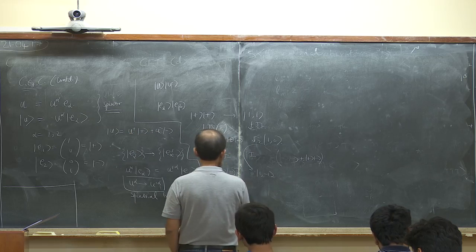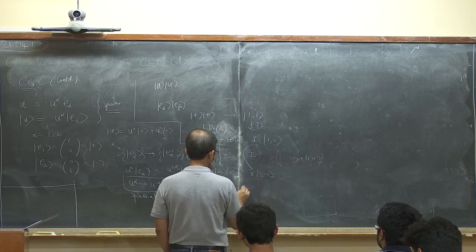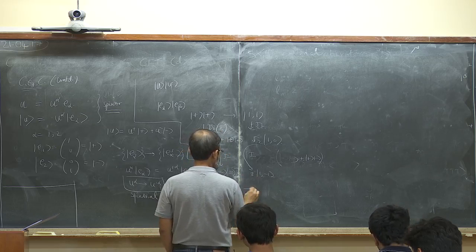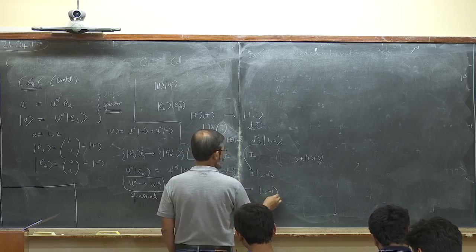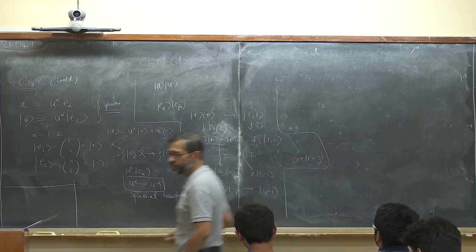But anyway, as a result, I have the identification minus 1 minus minus goes to 1 minus 1. Okay, so let me write down how it looks in terms of components.